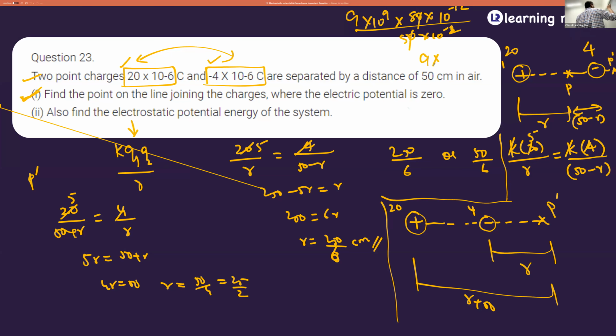So you'll have 9 into 10 power 9 into 8 into 10 power minus 10. This will come as 10 power minus 1 divided by 5, so everything will go off. So you'll get 72 divided by 5 into 10 power minus 1. 72 by 5 is how much? 14.4. So 14.4 into 10 power minus 1, or 1.44. 1.44 joule is the answer. I'm not concerned about the sign here.